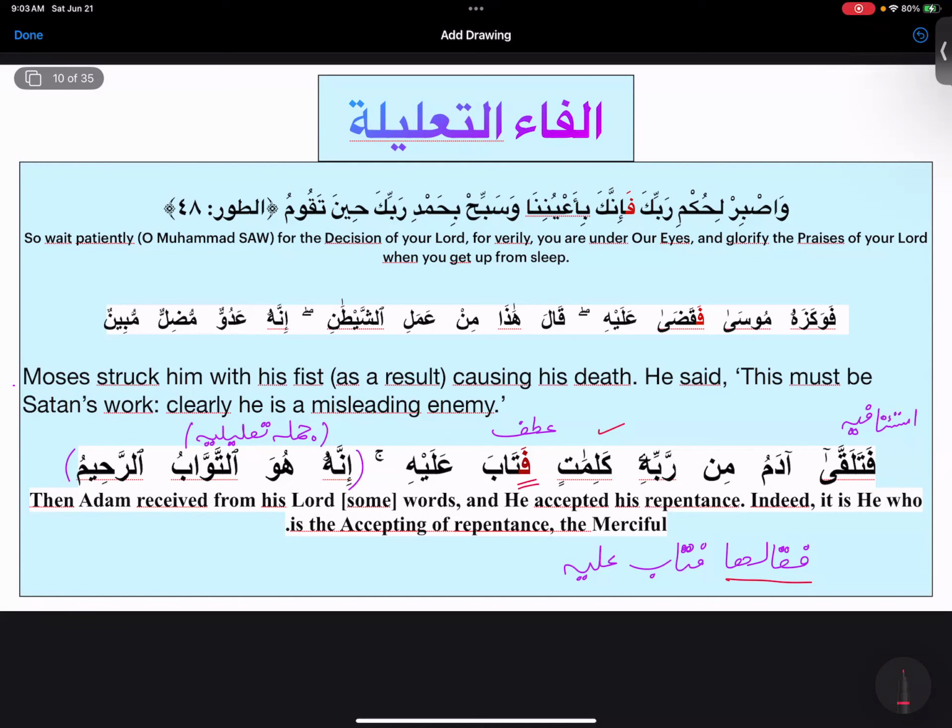Because it cannot be the reason that Allah subhanahu wa ta'ala accepted his repentance simply because he received the word from Allah. No, he said these words.